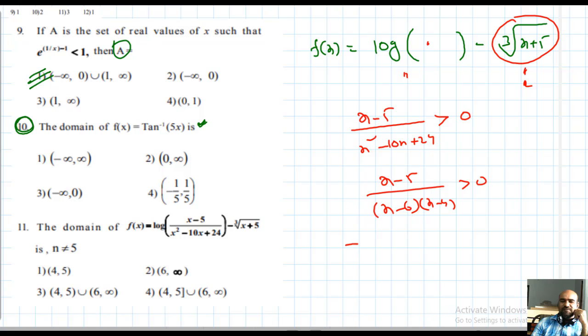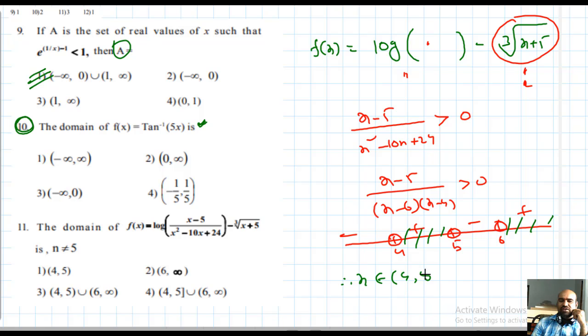Number line: 4, 5, 6, all are open. Plus, minus, you want positive symbols. What can I say? x belongs to open 4 to open 5, union open 6 to infinity. This is the domain of the function. I will go with option 3.